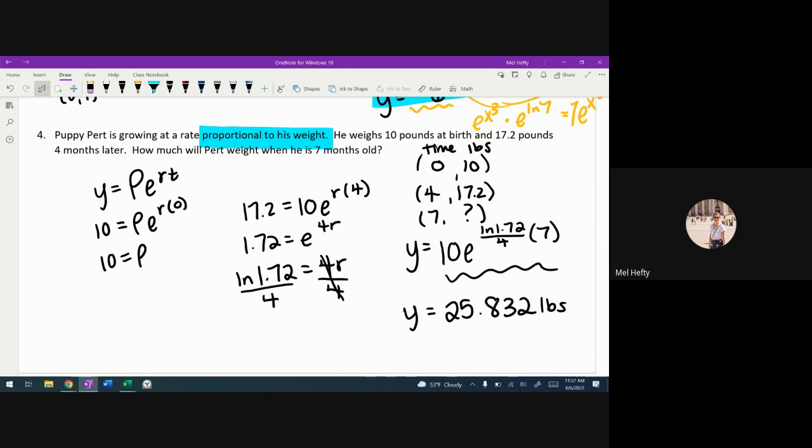That's totally fine. You just left it, yeah, that's totally fine. So if you leave this unsimplified, I would just be more careful about how you're plugging into the calculator, but that should be fine.